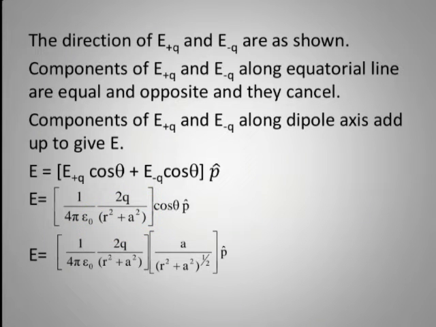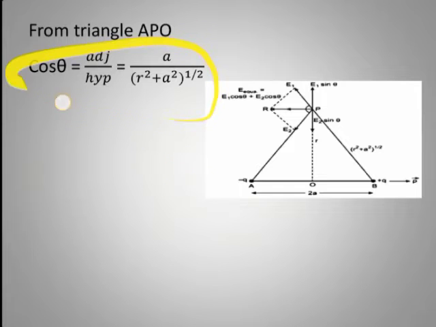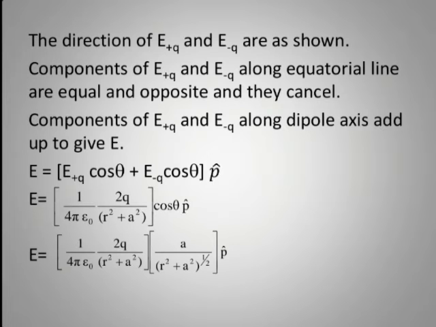Now the cos theta calculation, taking the triangle: cos theta according to the trigonometric function is adjacent by hypotenuse. If I consider this as adjacent and this as the hypotenuse, I have written and substituted this value.